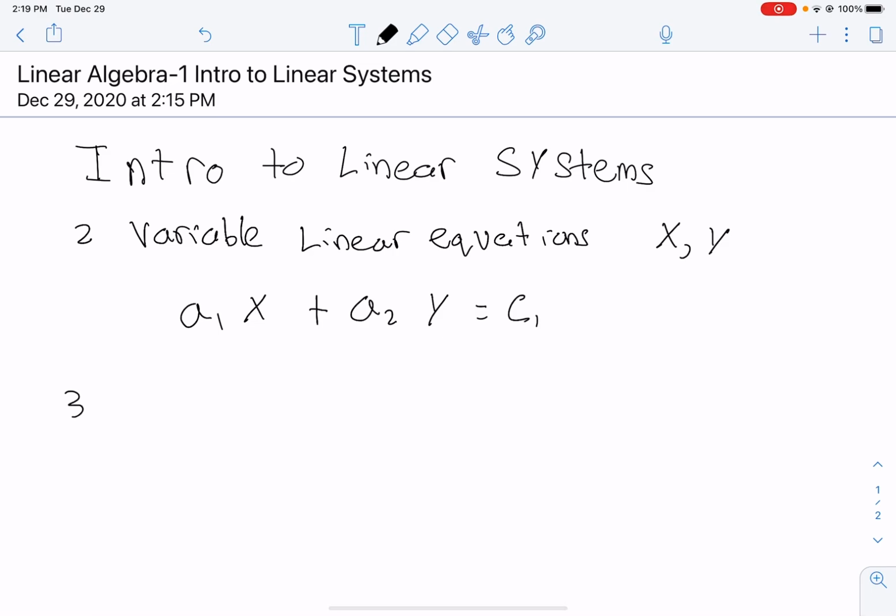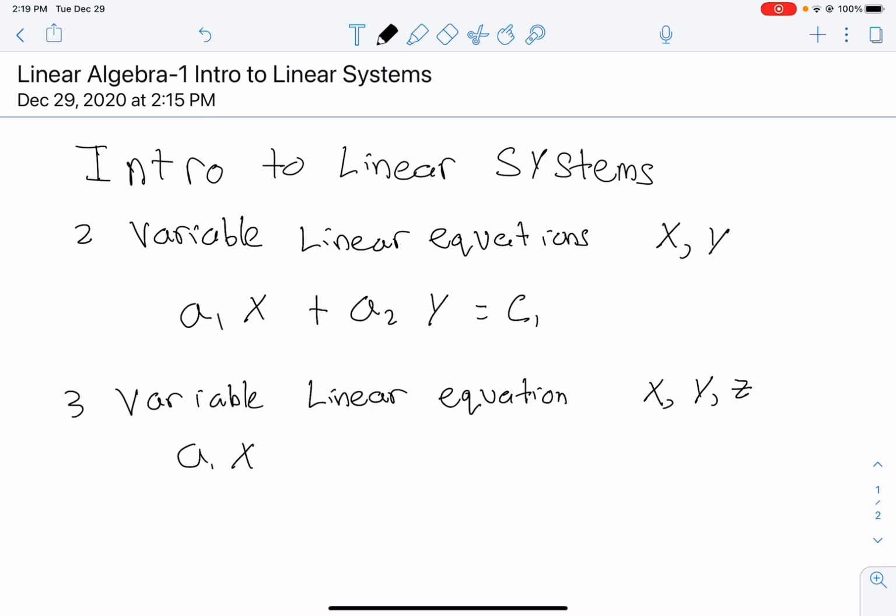If I had a three variable linear equation, that could be in terms of x, y, and z. I'll get my constants a1 times x plus a2 times y plus a3 times z would equal c. We'll just call it c2.